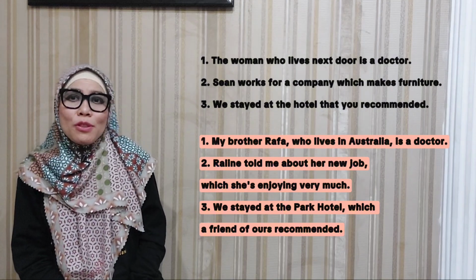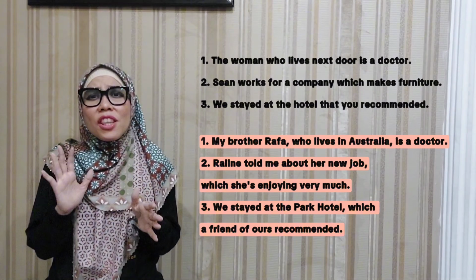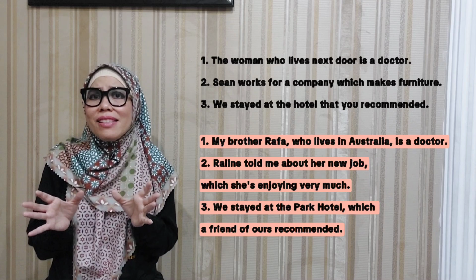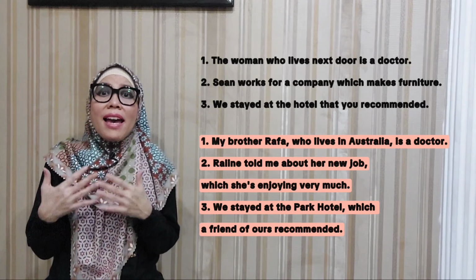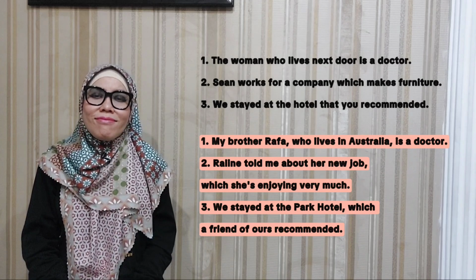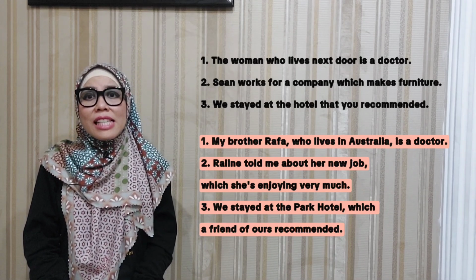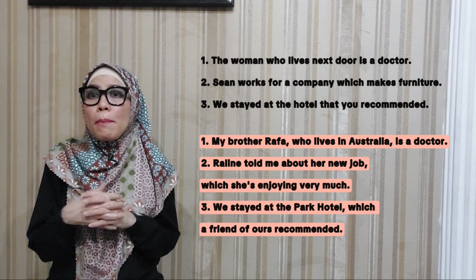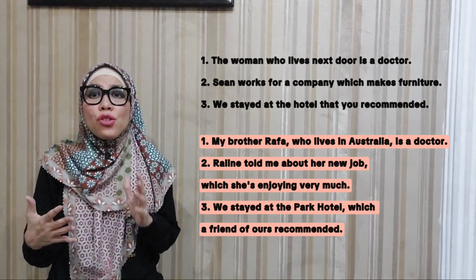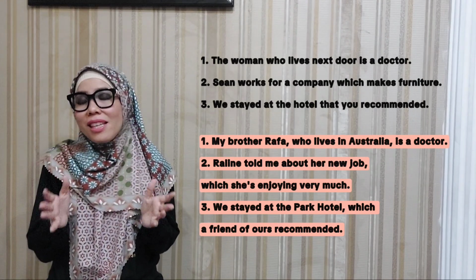In these examples, we already know which thing or person is meant: my brother Rafa, Ralin's new job, and the Park Hotel. The relative clauses in these sentences give us extra information about the person or the thing, so we use commas with these clauses.